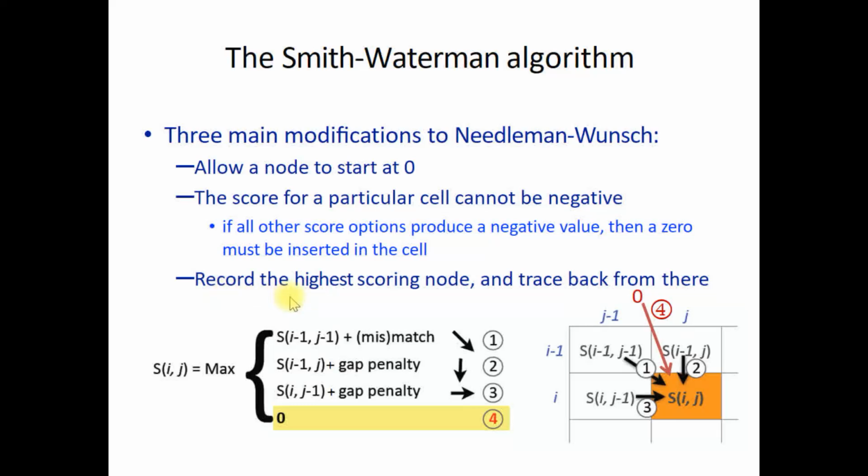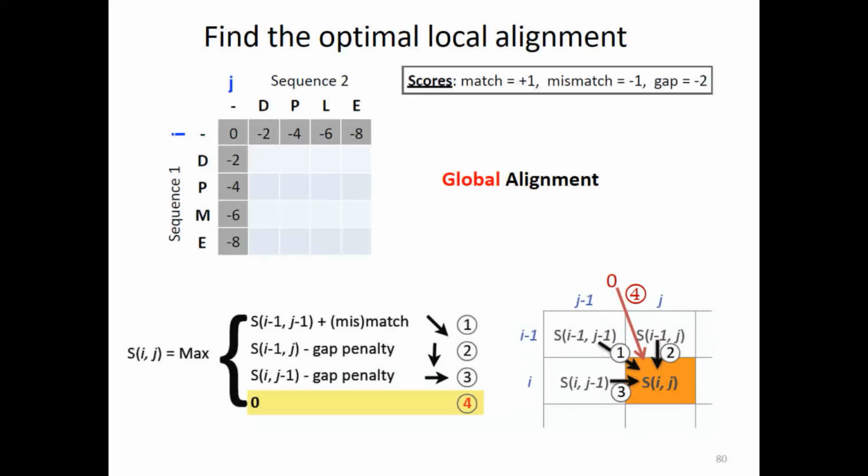Third, record the highest score node and trace back from there. The traceback does not have to start from the lower right node. It can be any node in the matrix, as long as the node has the highest score. So the alignment does not have to start from the beginning or end at the end of the sequence.